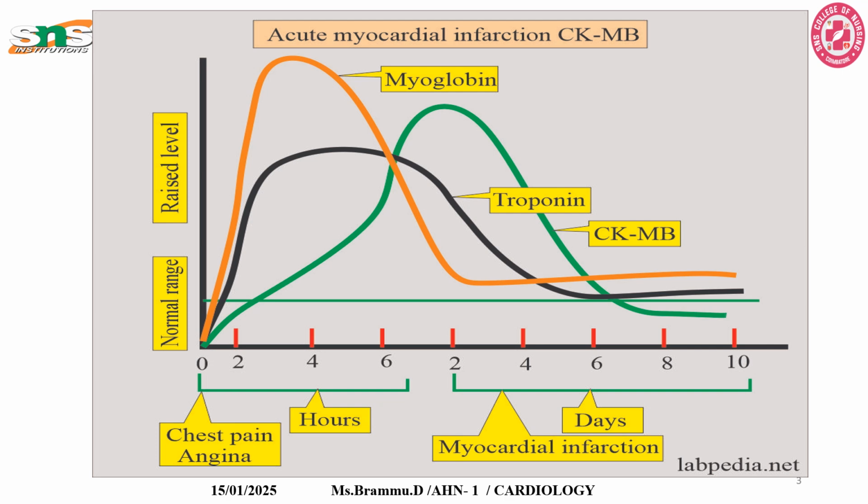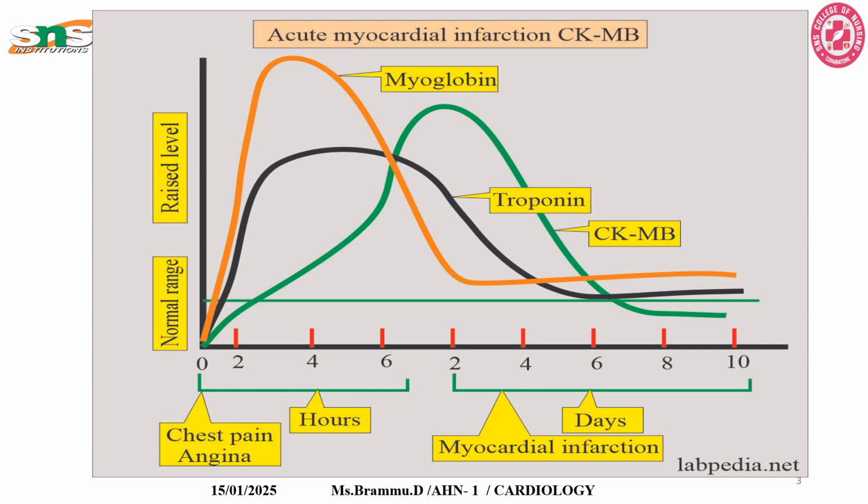So again I would repeat that myoglobin will rise within less than 2 hours, it is at peak intensity from 6 to 9 hours, and it returns to normal within the second day. Then you can see the CKMB, or CPKMB, creatine phosphokinase membrane bound, which rises within 6 hours.